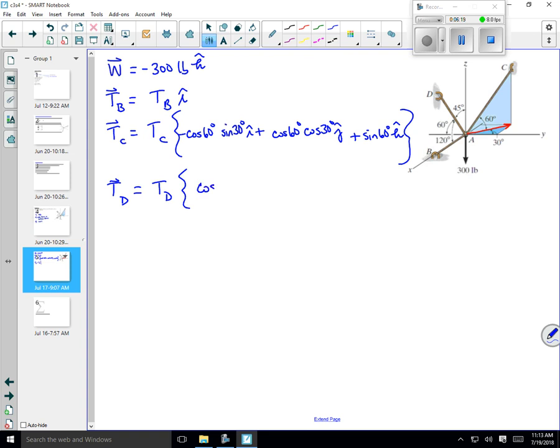I get cosine of 120 degrees i. But now rather than pointing to the positive y-axis, that 60 degrees points to the negative y-axis. So I get a minus sign here. So I get minus cosine 60 degrees j hat, and then plus cosine 45 degrees k hat.